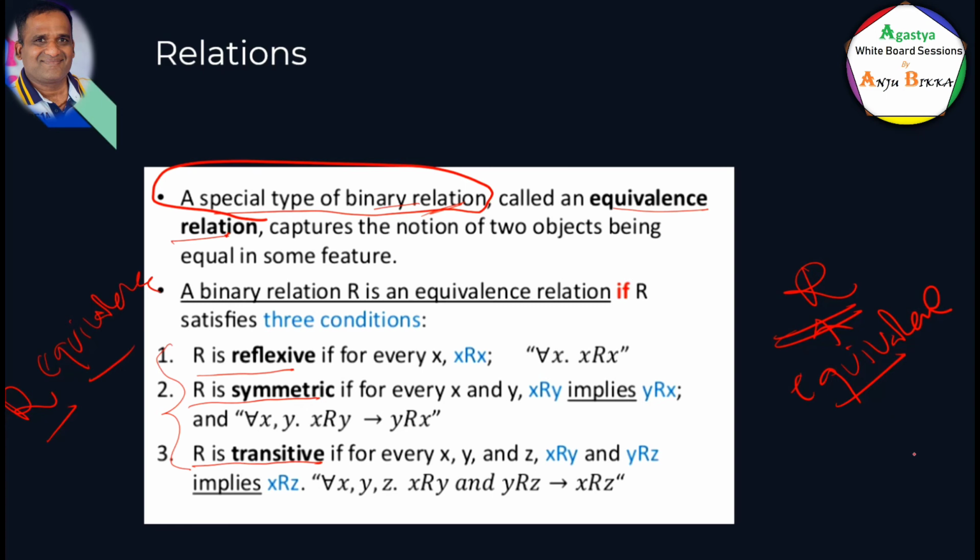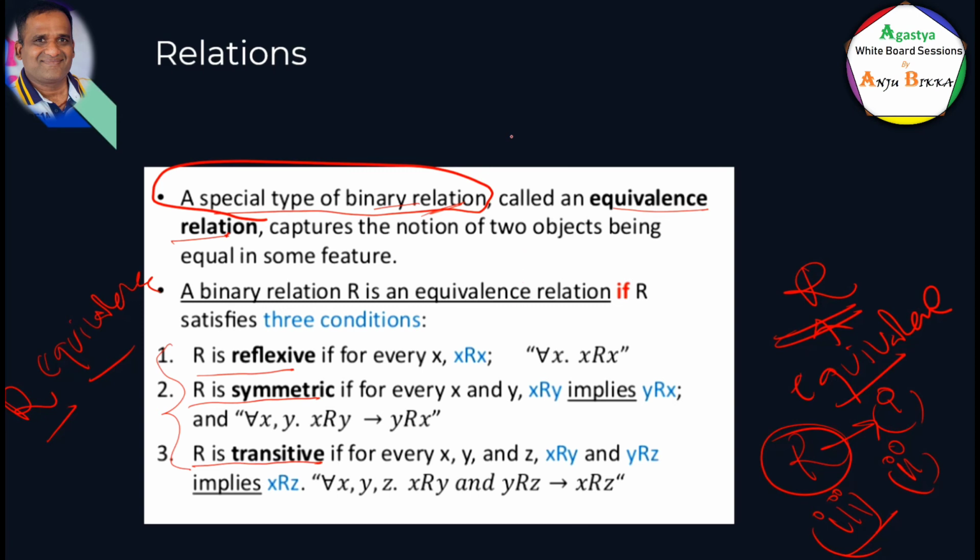What is an equivalence relation? We'll elaborate. If the relation is reflexive, number one; if it is symmetric; if it is transitive, then this relation is called an equivalence relation.